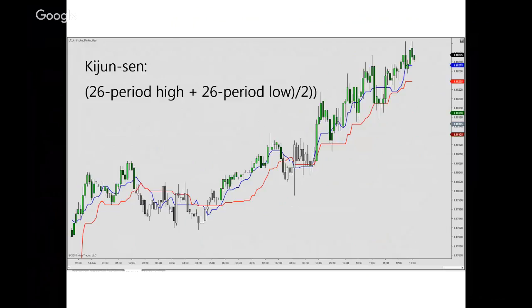But in strong trends, these entry signals occur relatively infrequently, and so you may therefore also look at how the price is interacting with these lines here.